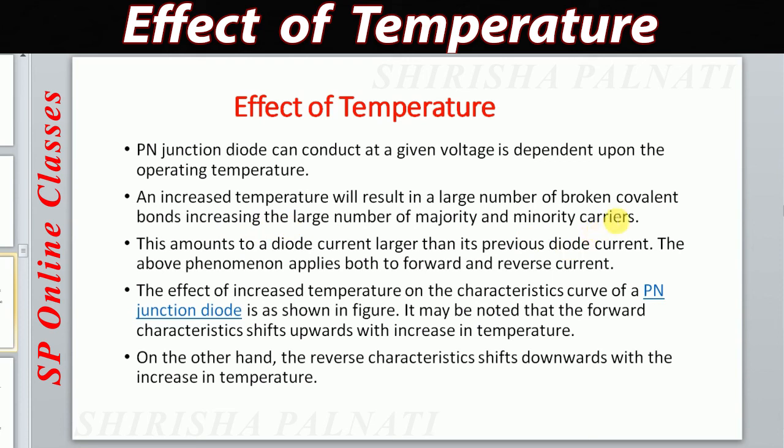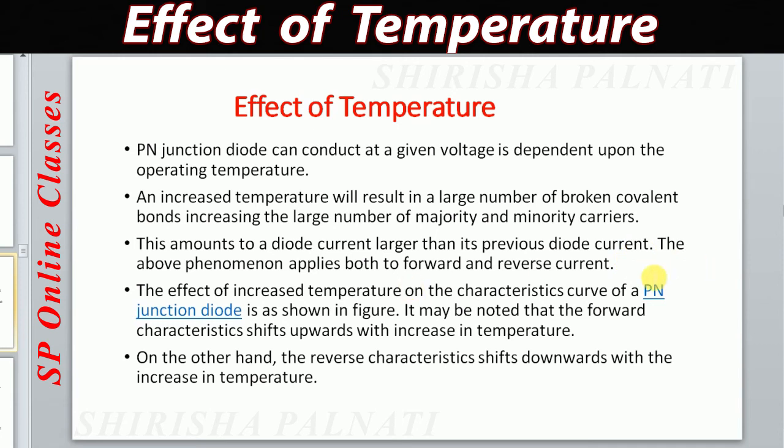This amounts to a diode current larger than its previous diode current. The above phenomenon applies to both forward and reverse current. So the diode previously had some amount of current, and if the temperature is increased, the diode current will increase.